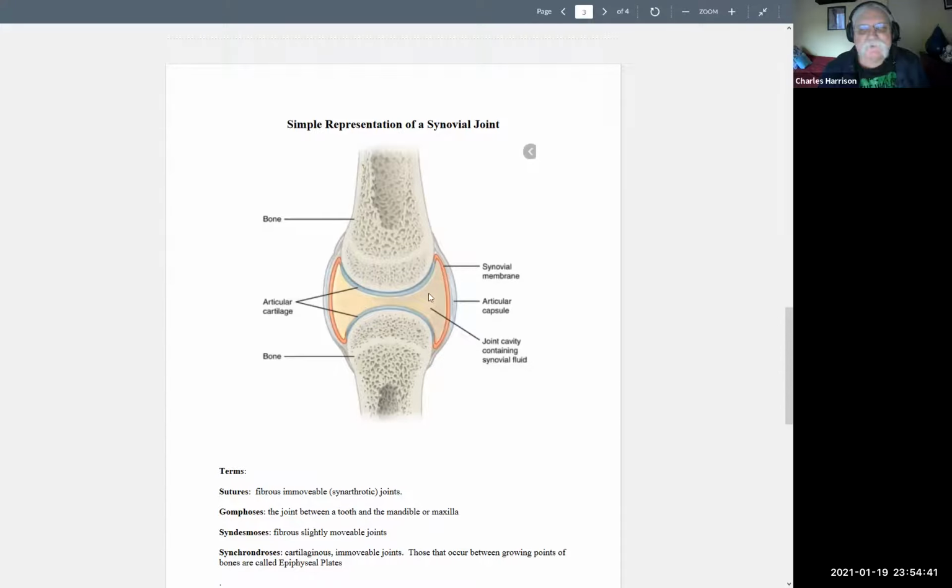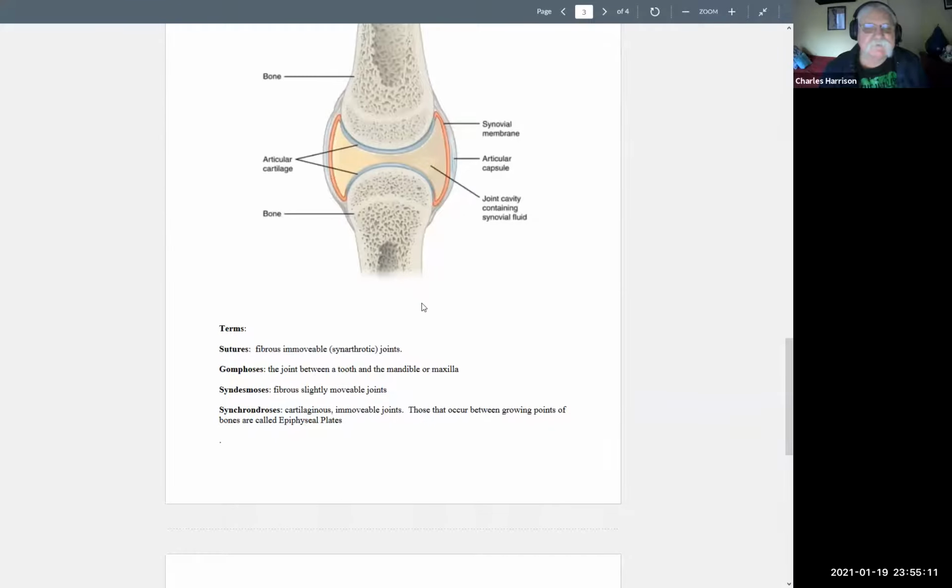Here's the pouch, which contains synovial fluid. Bone above it, bone below it. There is a bit of articular cartilage here to protect the bone itself. But the thing that does the greatest protection is the synovial cavity.